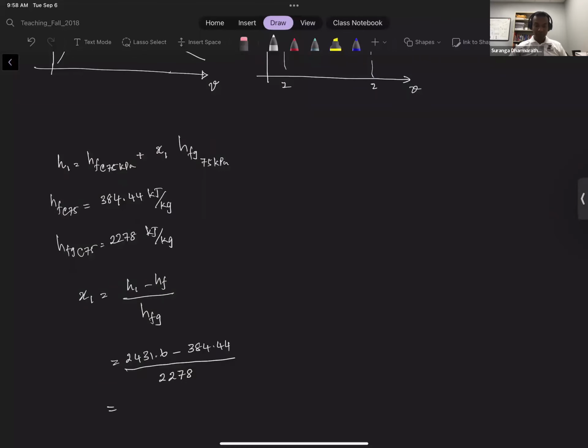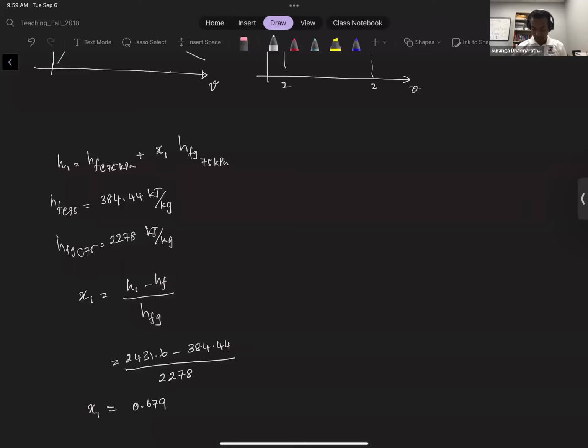And when you solve that, 2431.6 minus 384.44 divided by 2278, you get 0.679.